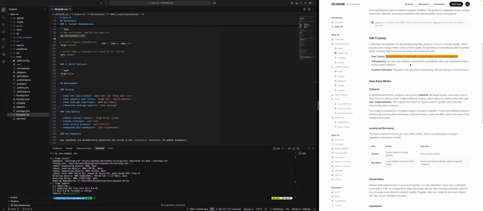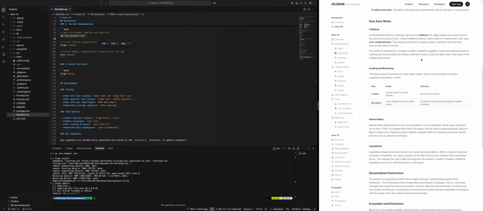Transparency: all rules like collateral requirements and interest rates are embedded in open source. I mean, publicly available. And trustless execution: operations are executed automatically without intermediaries.